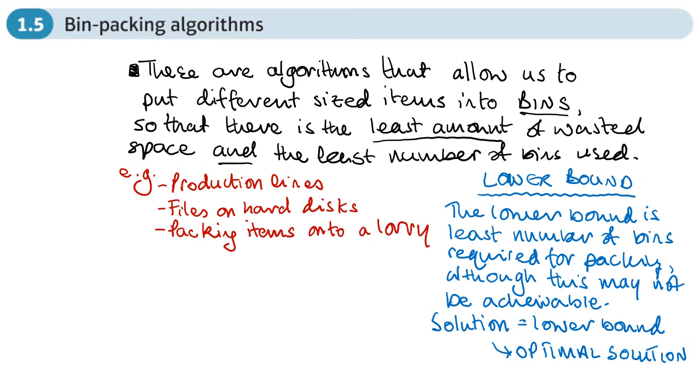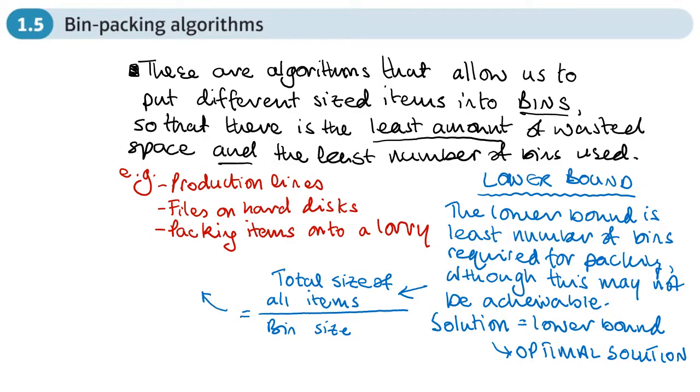So how do we calculate the lower bound? Well, it's the total size of all the items divided by the bin size. Now, this is going to give us a number.